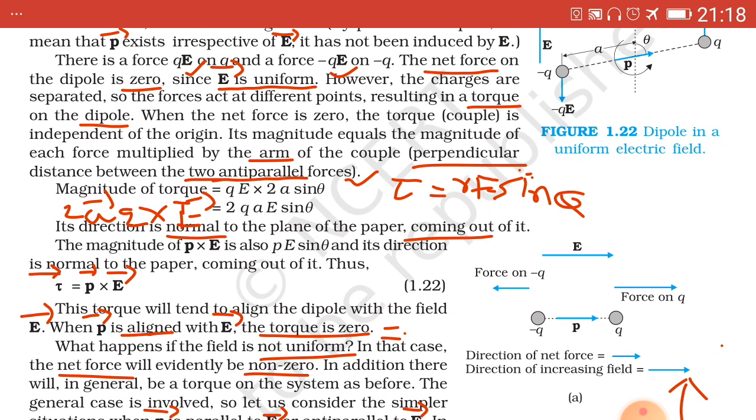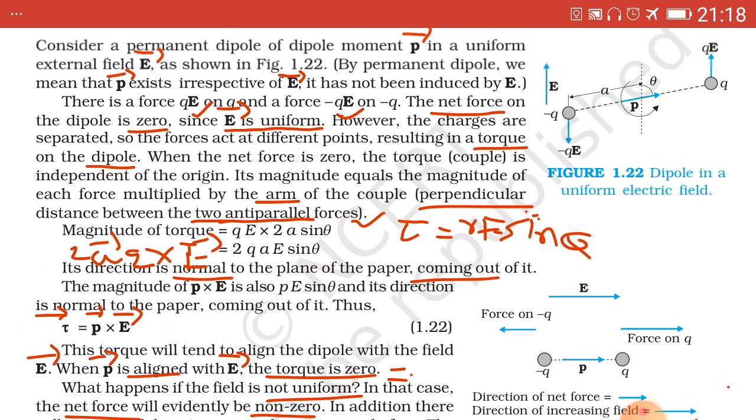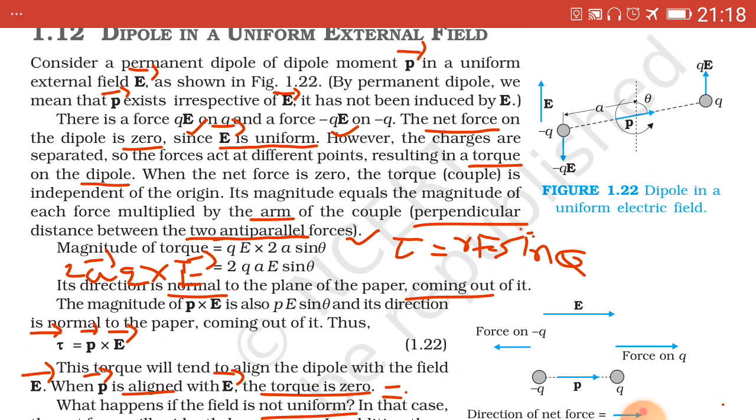But there is a net force on the dipole if E is not uniform. Similarly, in figure B, here also the net torque is 0, but a net force acts.